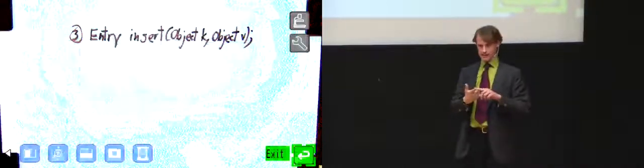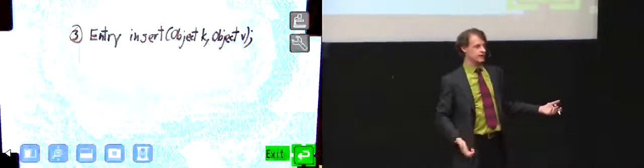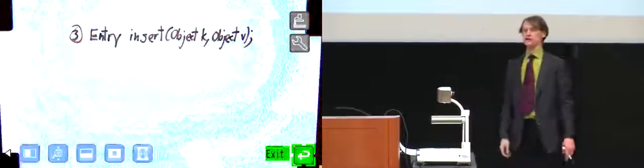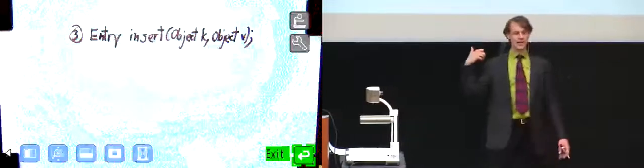You are inserting an entry that consists of a key, K, and an associated value, V, some information associated with that key. Could be a word and its definition, for instance. And it will return an entry object which contains both the key and the value. But it also inserts it into the tree.